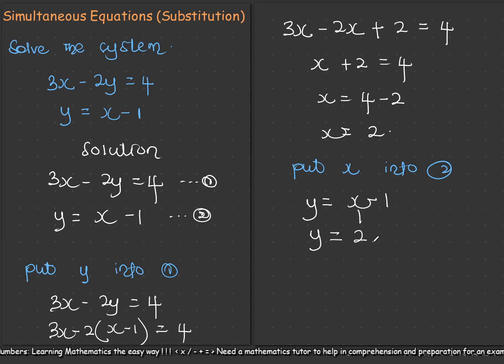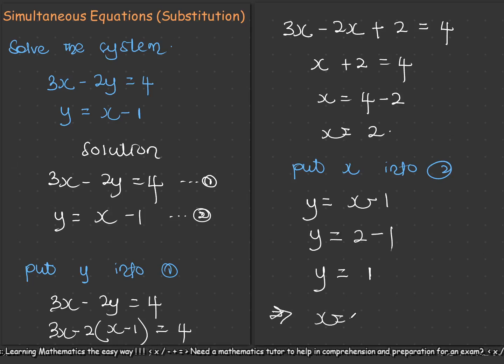So 2 minus 1. Hence our y is equal to 1. And that is it. So it implies that our x equals 2 and y equals 1. This is how we solve our simultaneous equation.